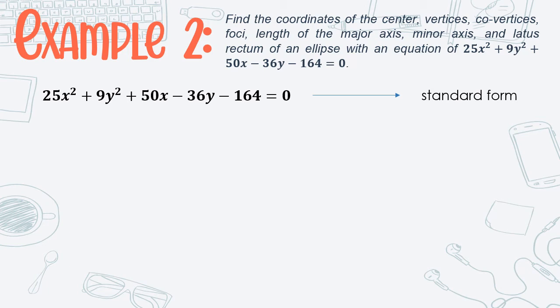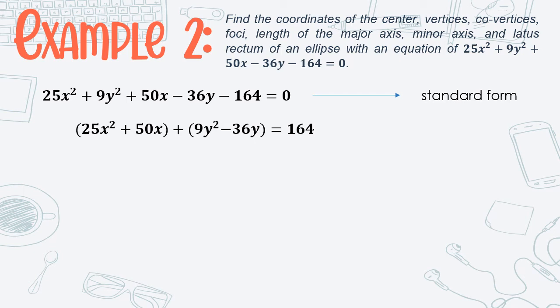So to apply the completing the square method, our first step is to transpose the constant term to the other side of the equation and group all the terms with the same variable. Therefore, we will have 25x squared plus 50x plus quantity 9y squared minus 36y is equal to positive 164.